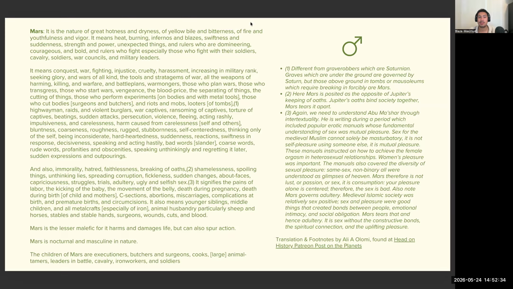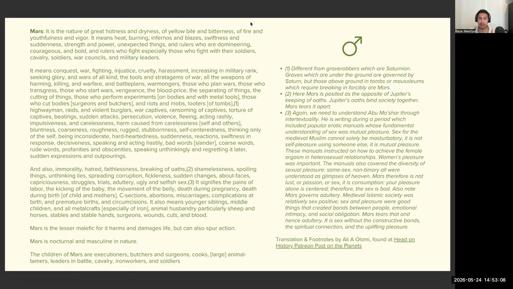Those who start wars, vengeance, the blood price, the separating of things, the cutting of things, those who perform experiments on bodies and with metal tools, those who cut bodies, such as surgeons, but also butchers, and riots and mobs. That's also very important, like the cutting to the body, sharp objects, cutting, separating things. Those are all very important indications you should be picking up on here and themes you should be noticing here.